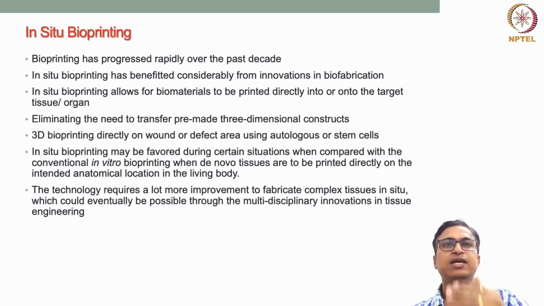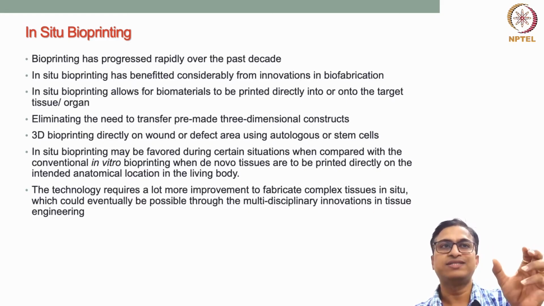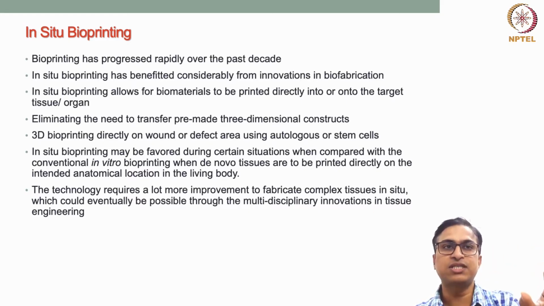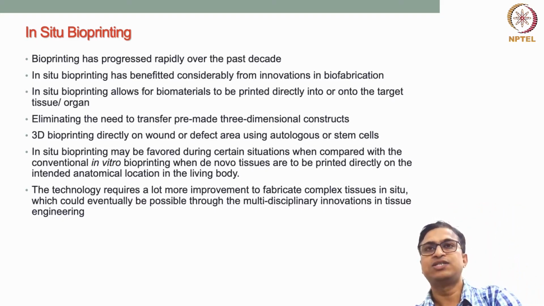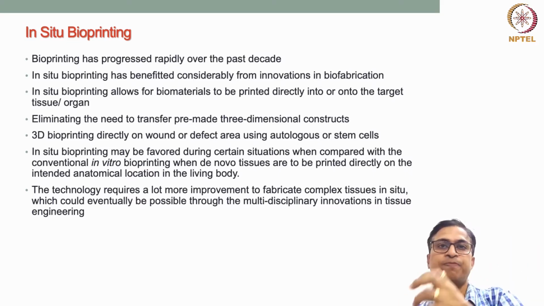Here we are directly printing the construct on the patient's own bed. So in this case, there is no need to pre-print the tissue or organ structure with the help of a bioprinter on a stage, and then take it to the surgeons, to the clinic, to the surgery room, and implant it on the patients.